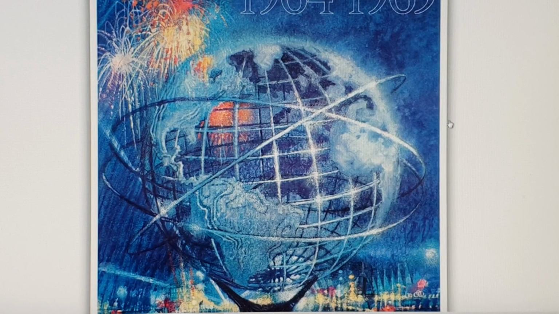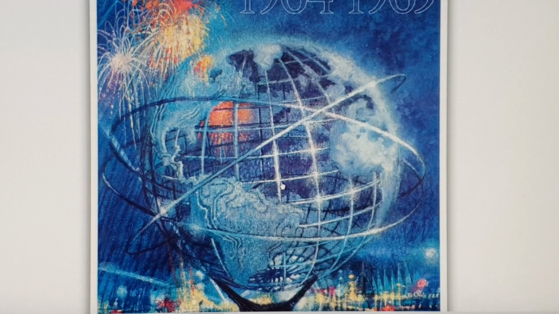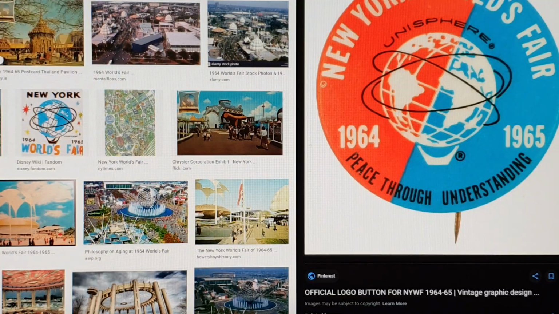This is another image of the Unisphere, but again, this was done in '64, and as you can see, it's an artistic impression, but even so, it's as the world should be, kind of. It's not a Mandela map. That's what I'm saying. So why? Who knows?